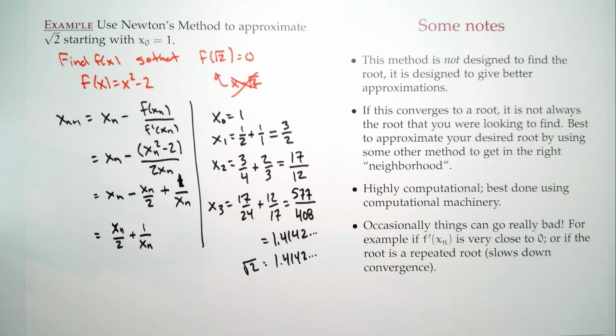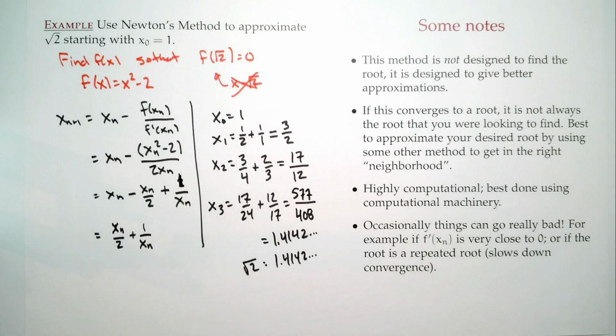And so you might be wondering, what does that mean for us on the exam? The answer is, it often means we'll say, set it up, or we'll say, here's x0, find x2. So you're not going to be expected to find x100. That's not going to happen. Just need to be able to set it up. That's the main thing, and then just run it one or two steps.